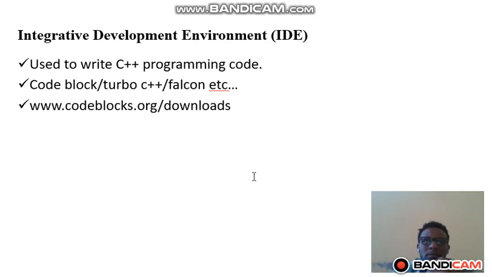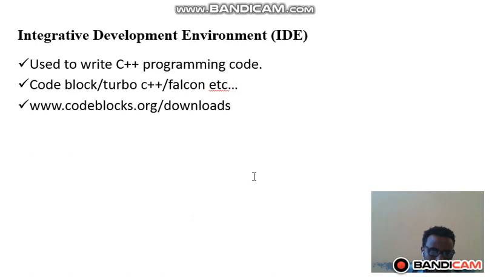As we discussed in the previous class, a compiler is system software used to convert the set of instructions written in a high-level language into machine language, or machine-understandable format. So the integrated development environment, or IDE, is used to write C++ programs.